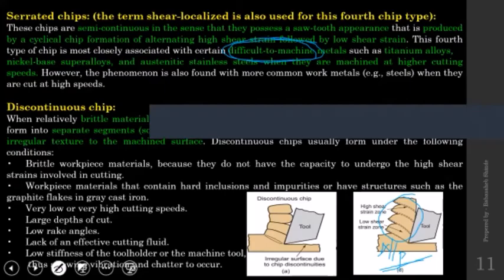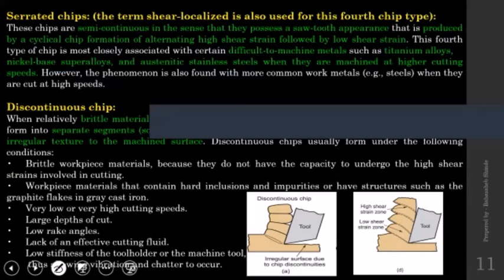What are those materials? Titanium alloys, nickel based super alloys, austenitic stainless steels. When you machine these materials, there are possibilities of formation of this kind of chips. Okay, so that is all about the serrated chips.